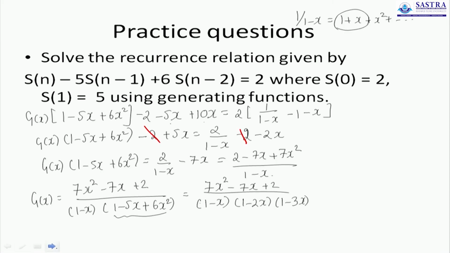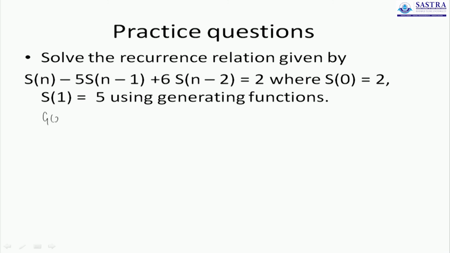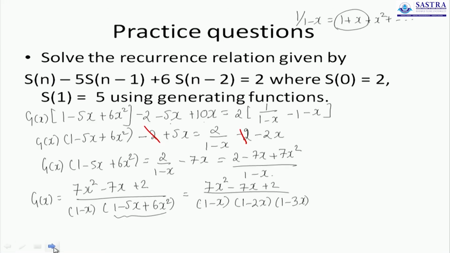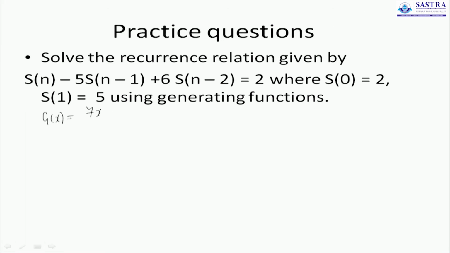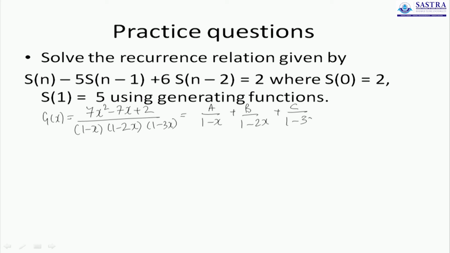The next slide. So we have g of x to be (7x squared minus 7x plus 2) upon (1 minus x)(1 minus 2x)(1 minus 3x), which is also a upon 1 minus x plus b upon 1 minus 2x plus c upon 1 minus 3x.